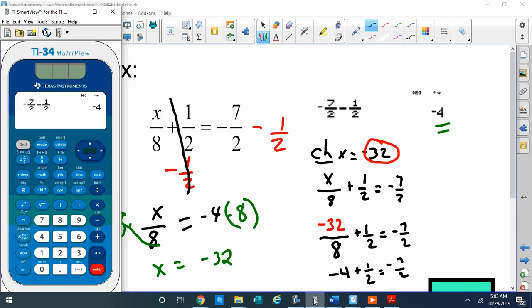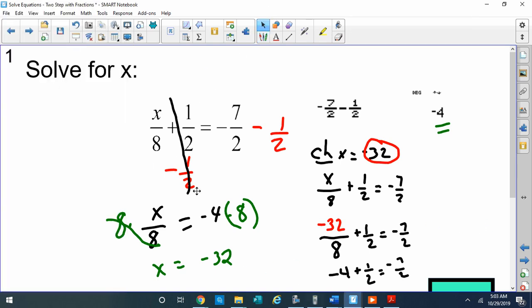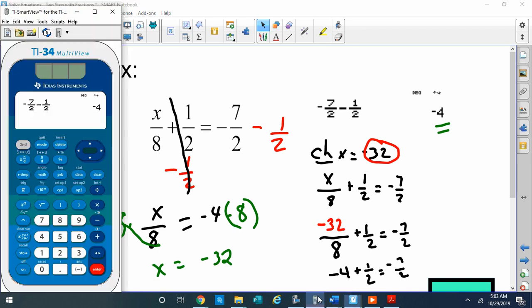Let's clear this. So negative 4 plus 1 half. And let's move over. That should equal negative 7 halves. So I got negative 3.5.